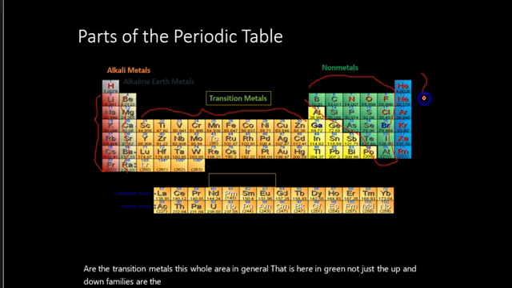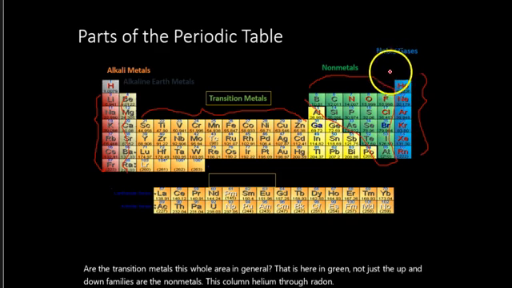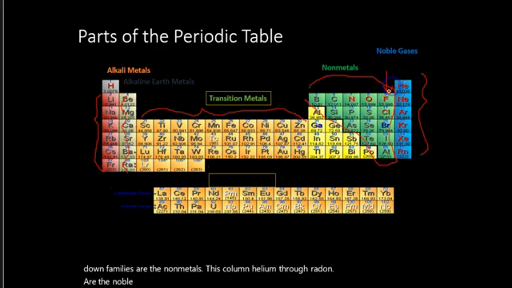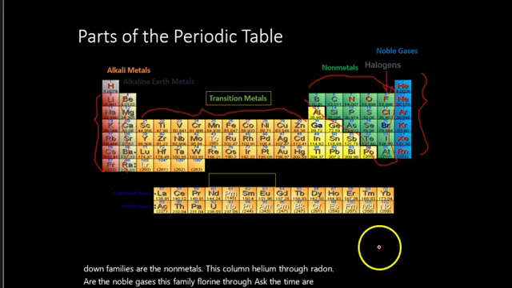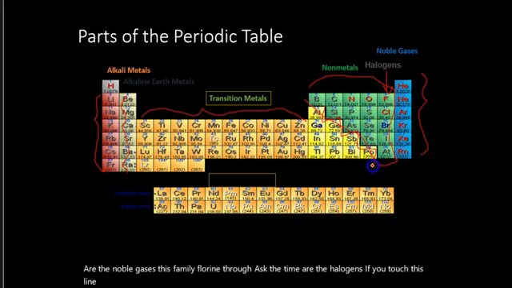This column, helium through radon, are the noble gases. This family, fluorine through astatine, are the halogens. If you touch this zigzag line, but you're not aluminum, aluminum's a metal, you are a metalloid.